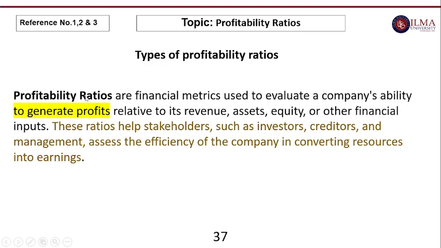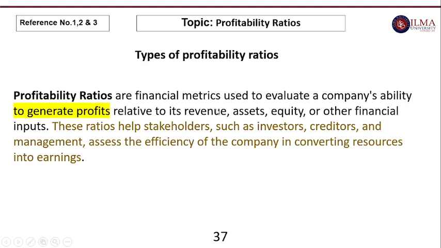It's clear that here we are going to talk about profit, simple as that. Relative to its revenue, assets, equity, or other financial inputs, these ratios help stakeholders such as investors, creditors, and management assess the efficiency of the company in converting resources into earnings.